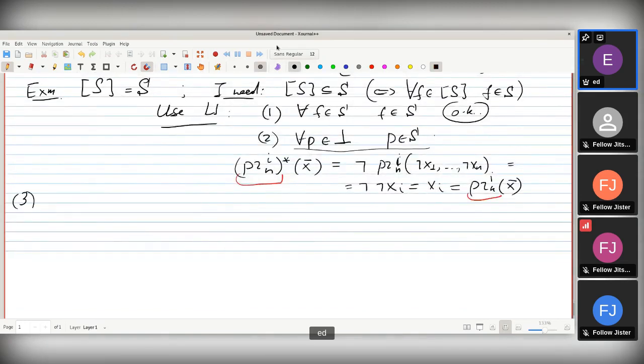And the last claim is to check that self-duality is preserved via superpositions. Assume that a function f is obtained from h and g1 to gm this way, and h and all these functions g are self-dual.